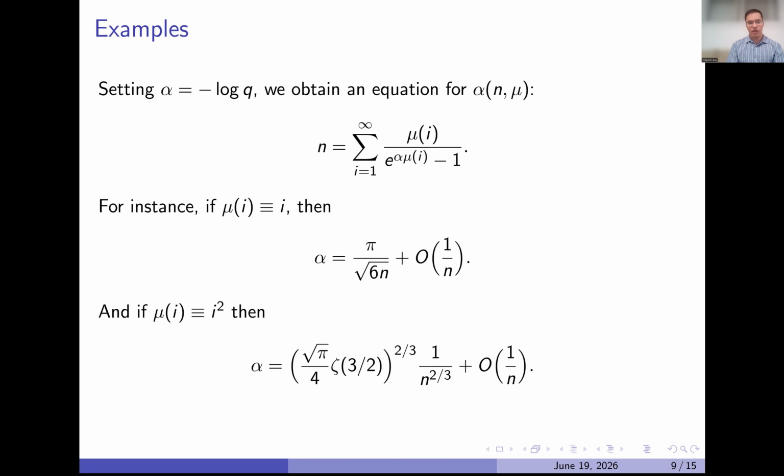But if we set the parts of the partitions to be perfect squares, then we find that alpha decreases with n at a slightly faster pace. In general, for any restriction placed on the parts, the parameter alpha of the probabilistic model tends to 0 as n increases.